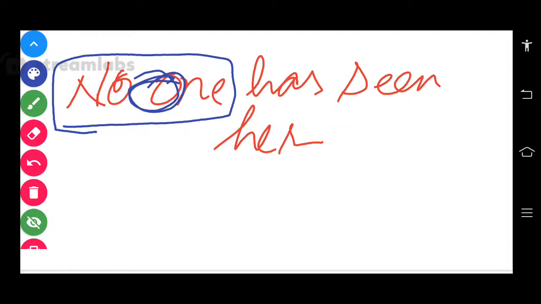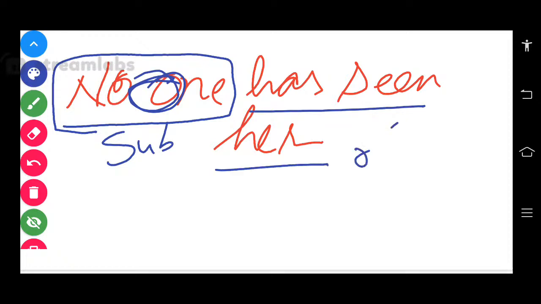So it's a negative indefinite pronoun. Actually, it is the subject here, and this is the verb part, this is the object part. In the subject part, a negative indefinite pronoun was used.